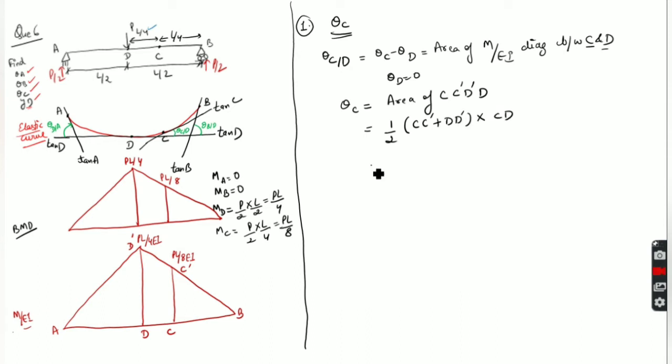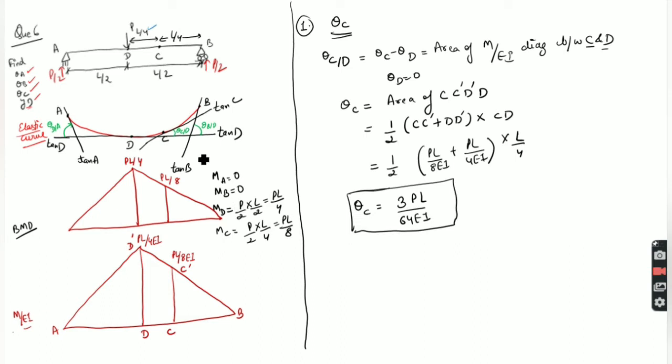So CC dash is PL by 8 EI, DD dash is PL by 4 EI, and CD is, you can see here in the loading diagram, L by 4. So after solving it, we will get theta C as 3 PL by 64 EI. Okay, so this is positive because the slope is ascending at this C point, right?